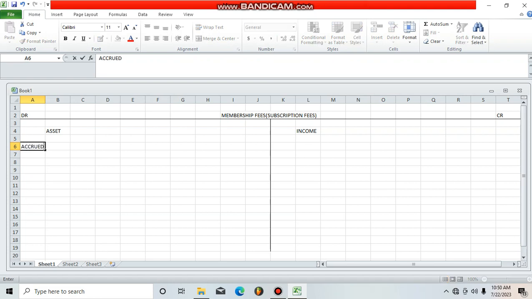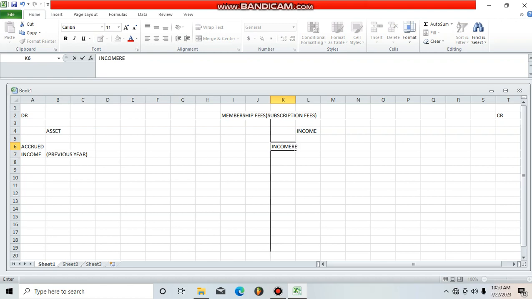The accrued income on the debit side is the accrued income for the previous year, which is the beginning of the year.